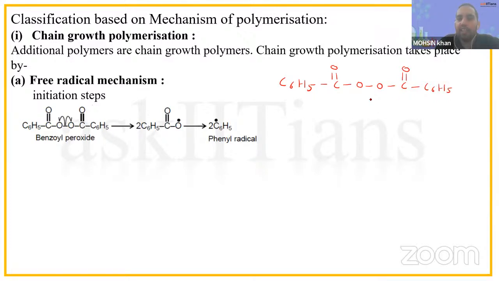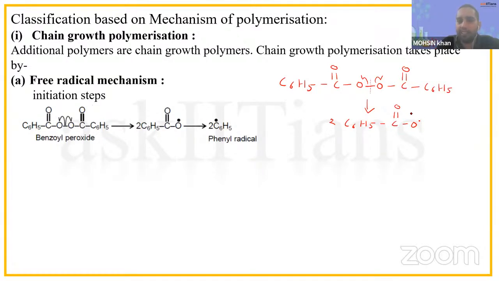So the homolytic fission will occur at the peroxide linkage here, and this bond will break, giving 1 electron to each oxygen and forming benzoyl free radical, C6H5CO O radical. Two molecules of benzoyl free radical will form, and this molecule is unstable.